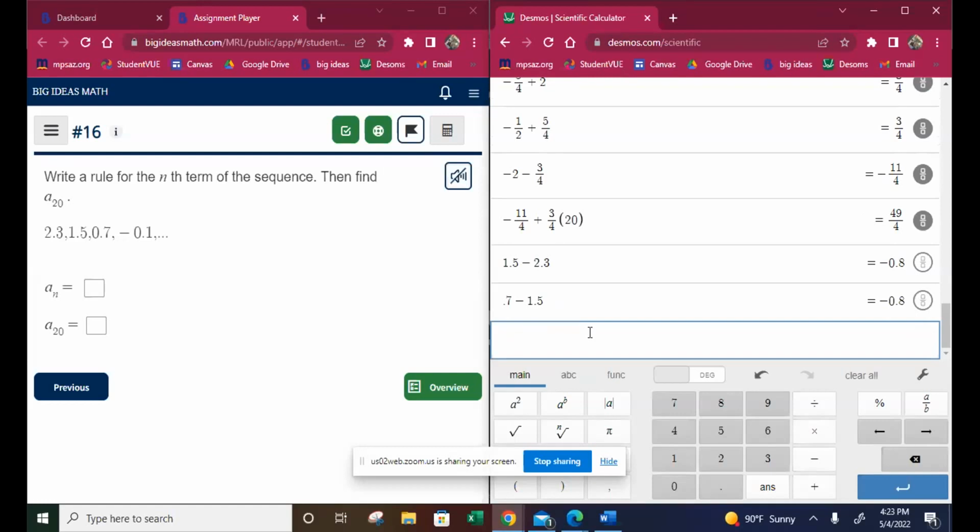So rather than backspacing that, you can always just move your cursor or use the arrows. It's okay that you do that, but that could save you a little time.